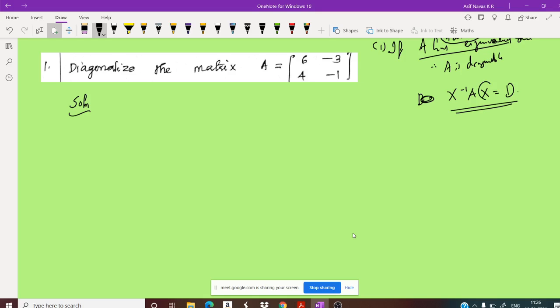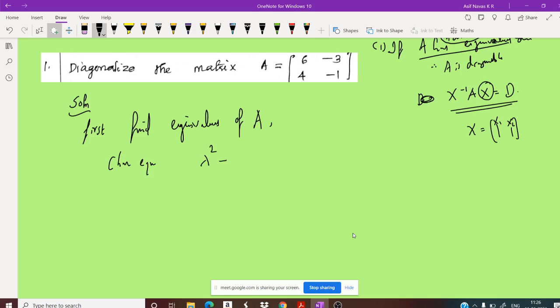So we want to find X. What is X? X is the matrix with the eigenvectors of A as columns. So first we want to find the eigenvalues of A. What is the characteristic equation?